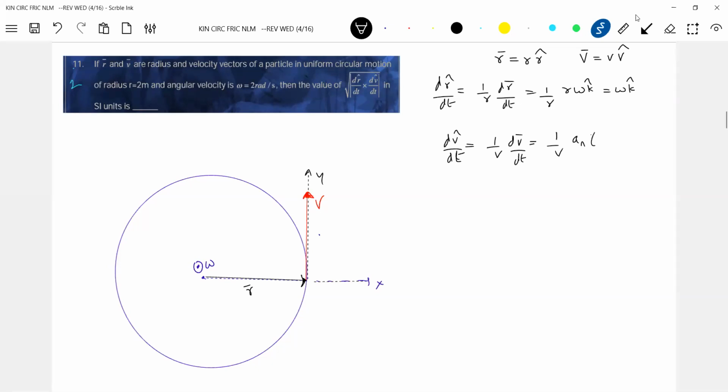Directed along minus i cap. And in fact, what is an? You can write in magnitude, it will be v omega, minus i cap. These are some basic relationships between them.